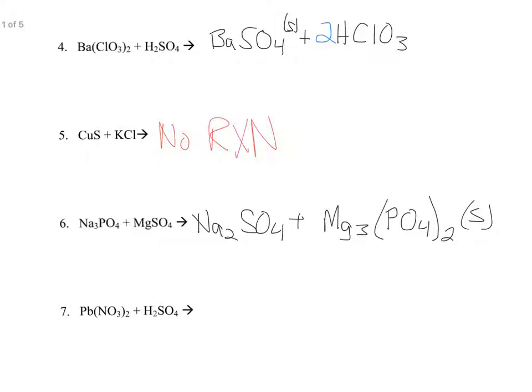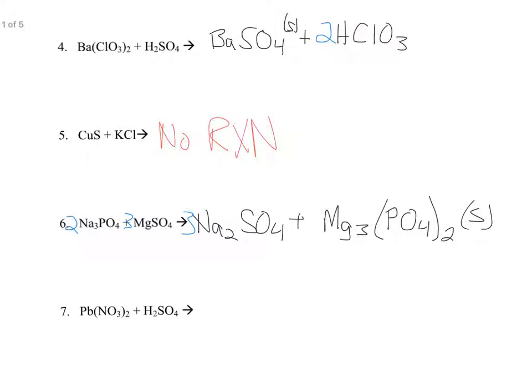Therefore, we actually have to balance it. Oh, darn. Then we go through that process, and now I need a 2 in front of my sodium phosphate, a 3 in front of my sodium sulfate, and a 3 in front of my magnesium sulfate will balance everything out.